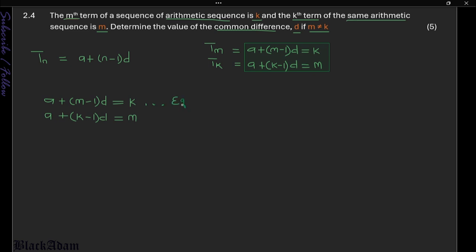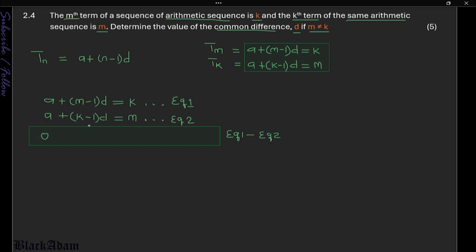The first one gives us equation 1, and the second one gives us equation 2. Because we have a and d there, we can take a difference, so that's equation 1 minus equation 2.